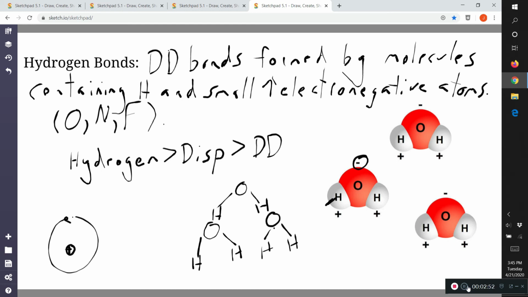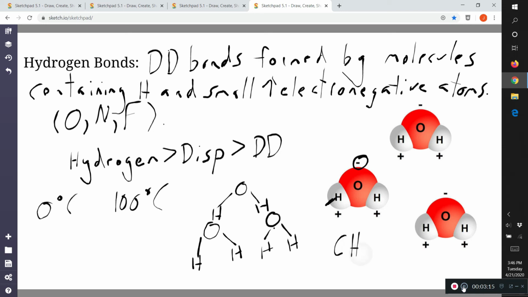So let's take water as an example. Water freezes at 0 degrees Celsius and boils at 100 degrees Celsius. But if we take something like methane, remember, is CH4. It is nonpolar. It's just dispersion forces.